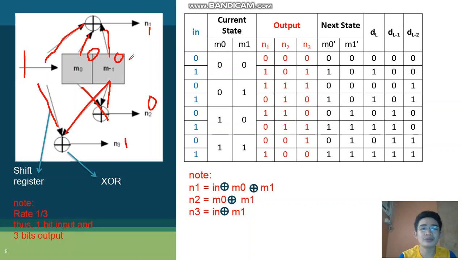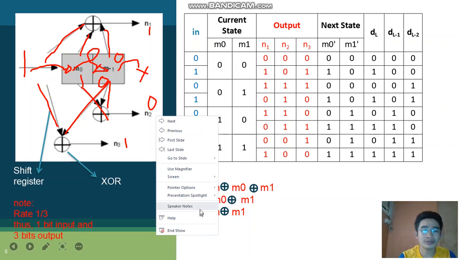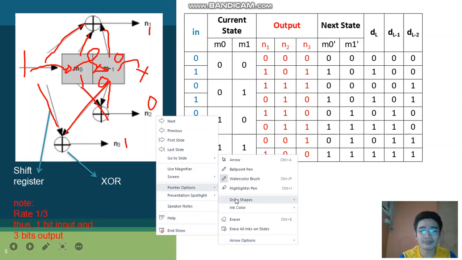The next state: the input 1 will go to M0, M0 will go to M1, and M1 will be cancelled. Therefore, the next state is 1, 0. This is how the next state is filled up. Let's proceed to another example.